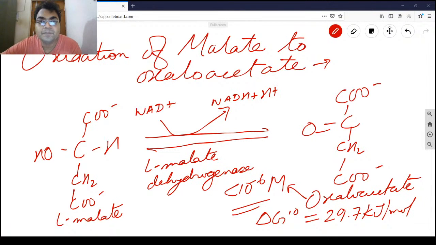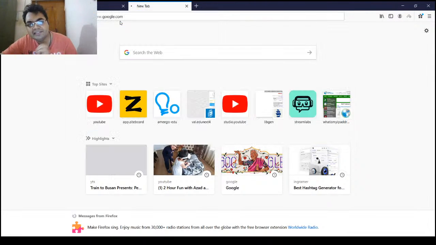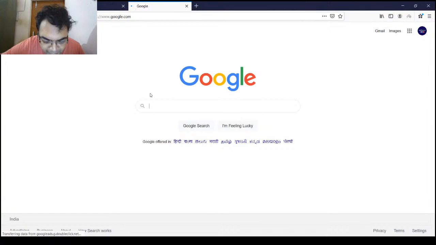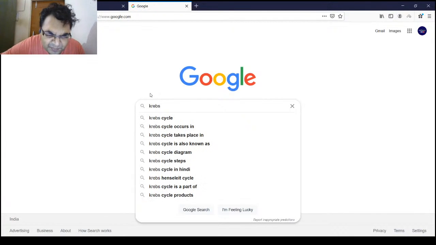This is why this entire reaction goes on in the forward direction, and it is known as the Krebs cycle. Very important. I'll just show you how the Krebs cycle looks. It looks like a circle, because it keeps on returning to the same stage.